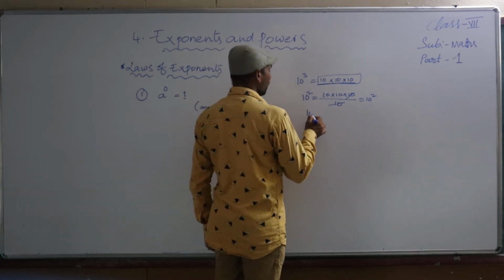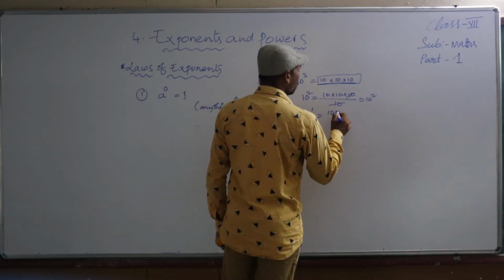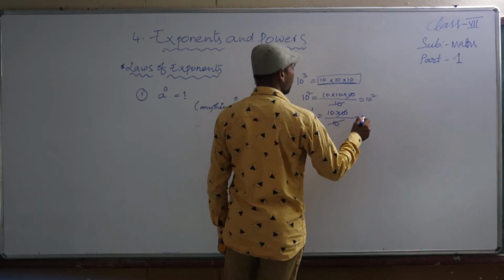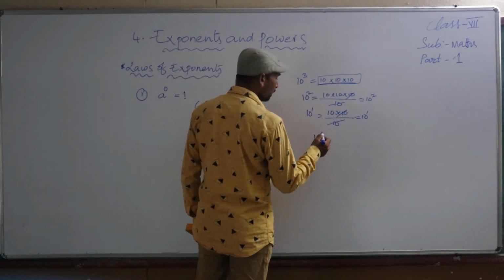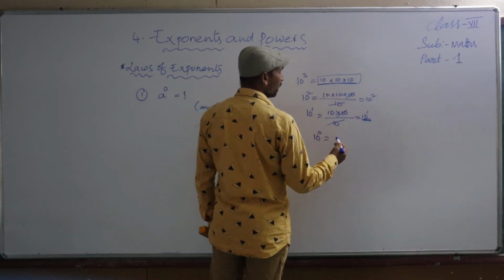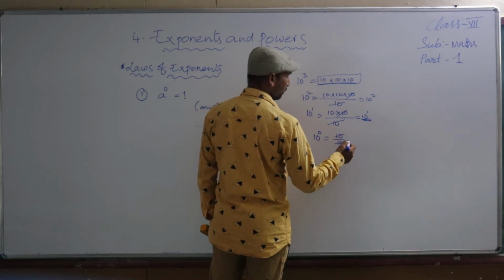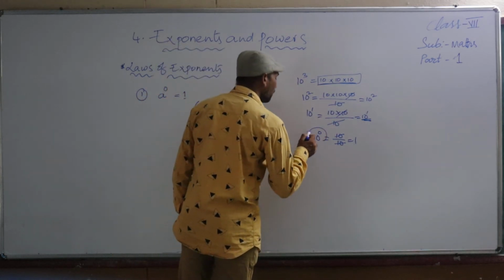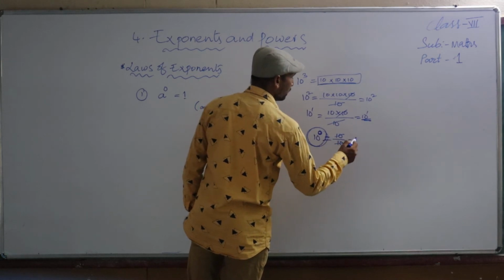Then 2 tens, if you divide by 10, we get 10 power 1. Now I am taking 10 power 0. Here we have only 10, and if this 10 is divided by 10, we will get 1. So anything power 0, the answer is 1.